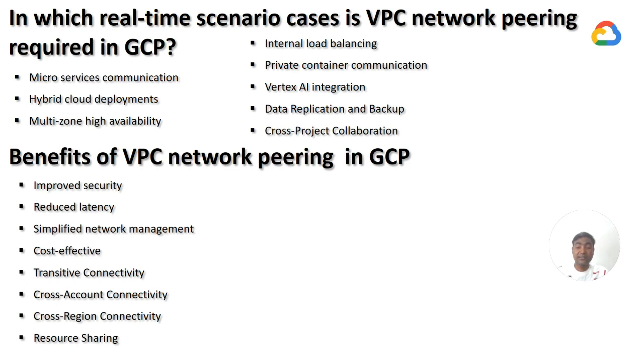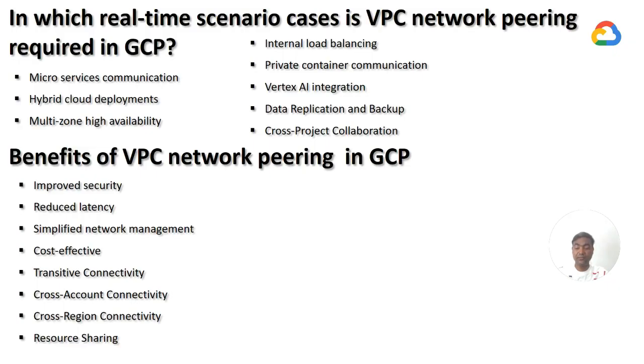Vertex AI integration: peering enables private access to Vertex AI resources from your VPC network, allowing you to leverage its machine learning capabilities without exposing your data to the public internet. Similarly guys, cross-project collaboration: GCP projects are separate entities with their own VPCs. VPC peering can be used to establish communication between VPCs in different projects, facilitating collaboration and resource sharing between projects.